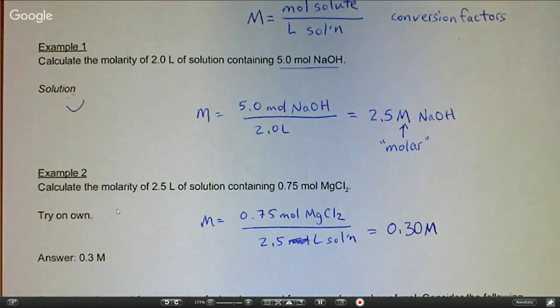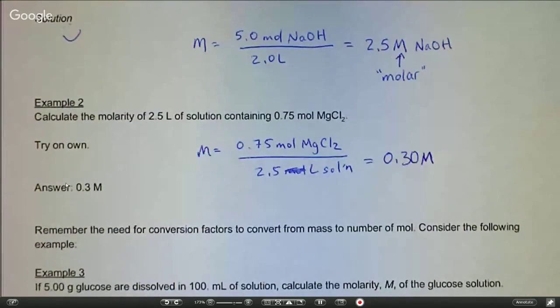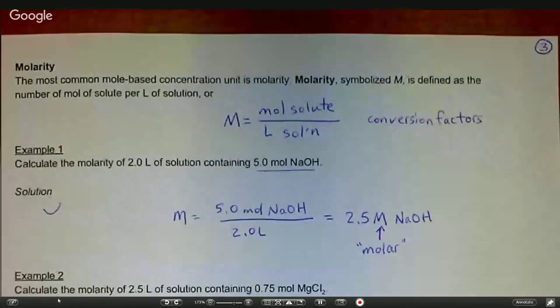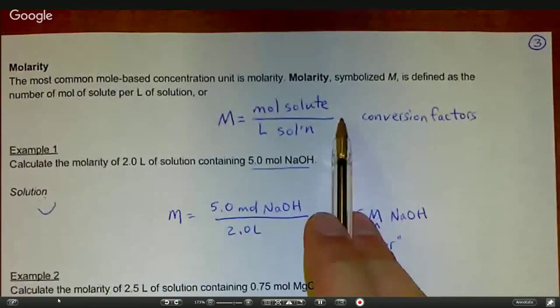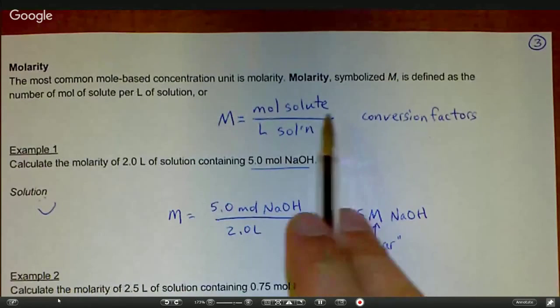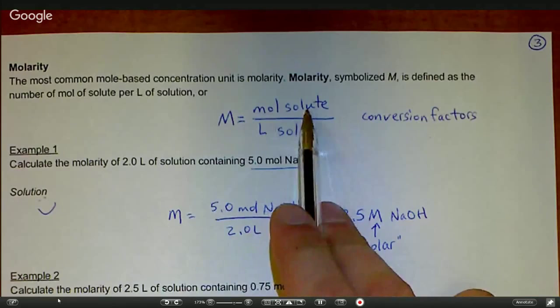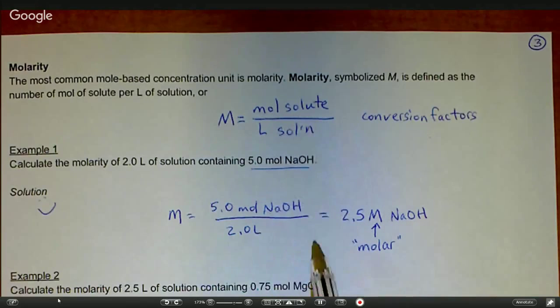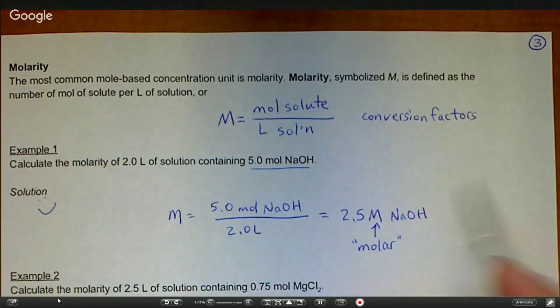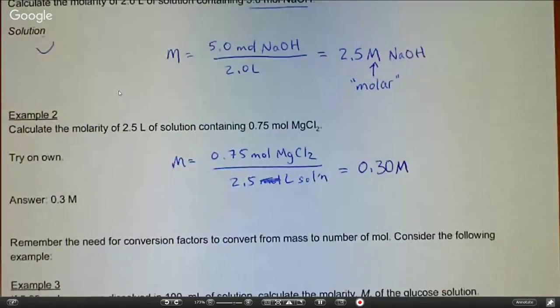Okay, now it says in the next note right below, remember the need for conversion factors to convert from mass to number of moles. What we're getting at is up above, where we said we're going to have to think of this in terms of a conversion factor. And now that we have moles of a solute, you better bet that we're going to be using things of that solute, so molar mass, for instance.